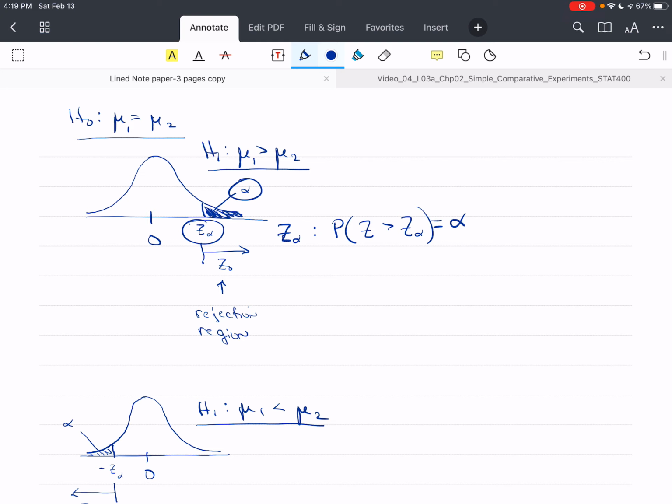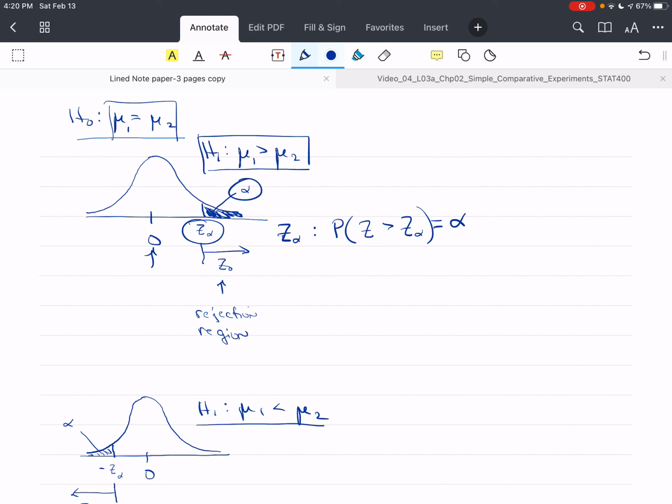Okay? What this says is under the null hypothesis, we expect z naught to be very close to 0, because the means are equal, so we expect the sample means to be close to the same as well. When z naught is far away from the mean, under the alternative hypothesis, it would be very positive.